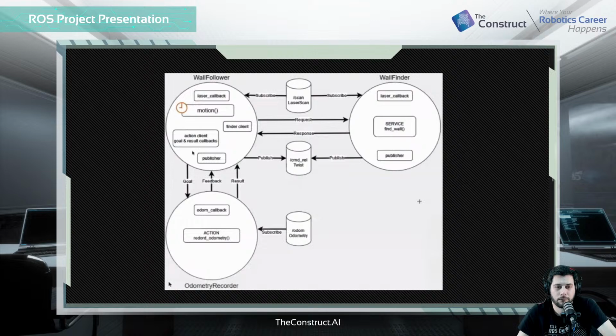The wall follower sends the goal to the action package over here, and it continuously sends its feedback to the wall follower. Once the lap is over, the result is sent to the wall follower, and from there the wall following program automatically stops. So this is the project.